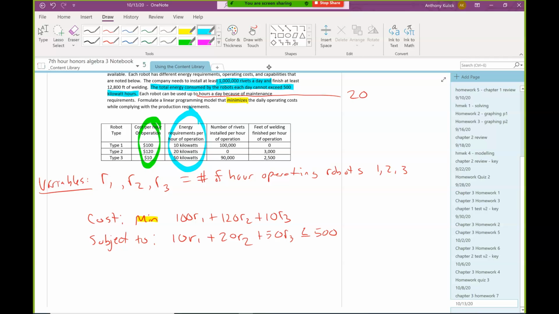What is your name? Regina Roos. Okay. And again, she got the coefficients by looking at the number of rivets per hour of operation for robots 1, 2, and 3, respectively. Okay.